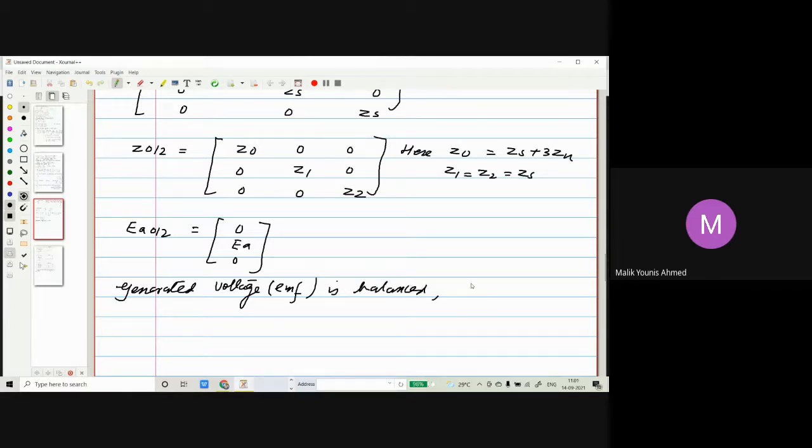This is the reason why we are writing there. Therefore, there is only positive sequence voltage.